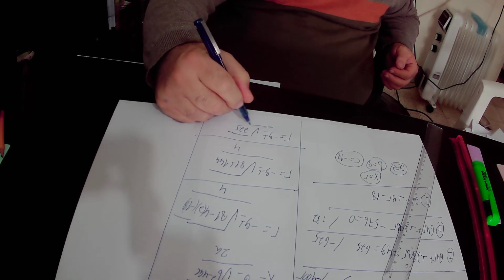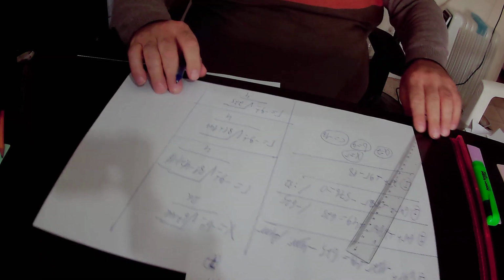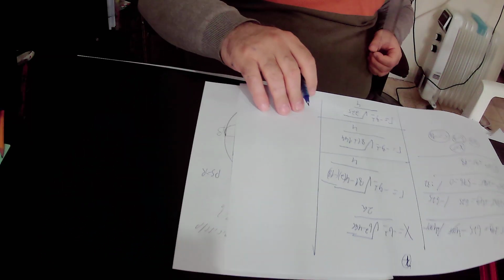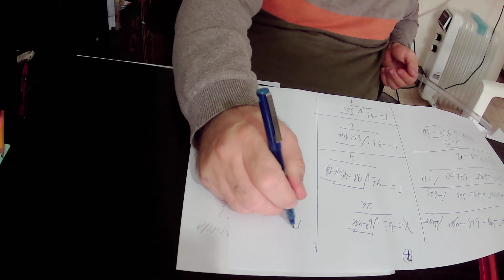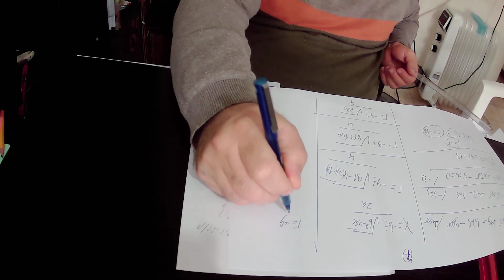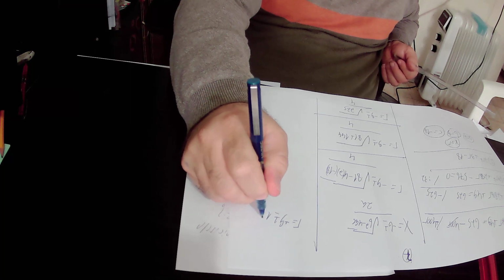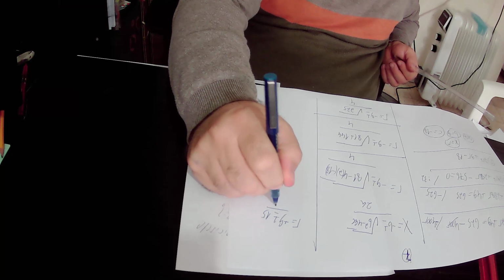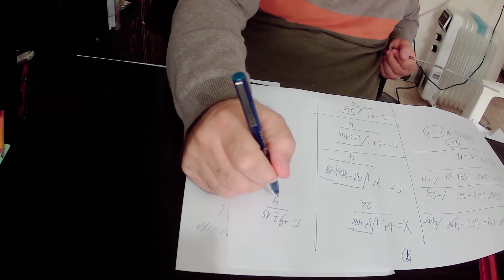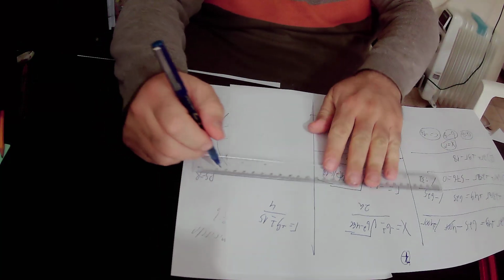So r equals minus 9 plus minus the square root of 225, which is 15, all divided by 4. So here we will have two possible solutions for r.